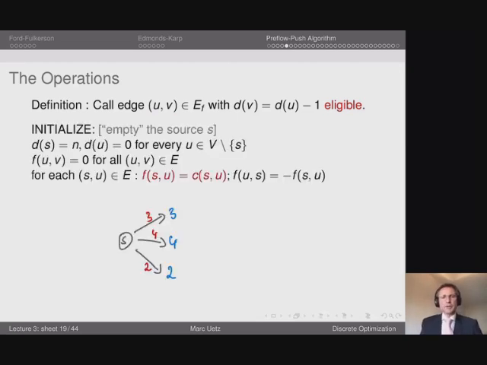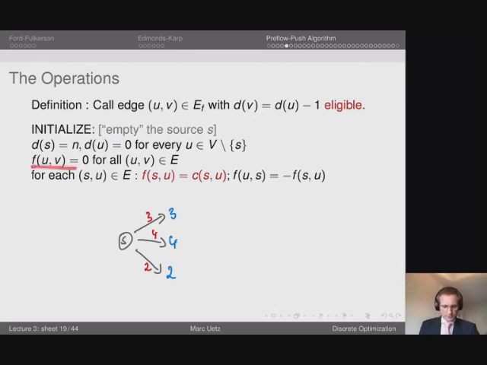Now we have one operation that we're going to use. That's the initialization, and that just means emptying the source node, pushing out of the source node as much flow as possible. More concretely, the level of the source node is going to be n. The level of all the other nodes is going to be 0, including the target node.